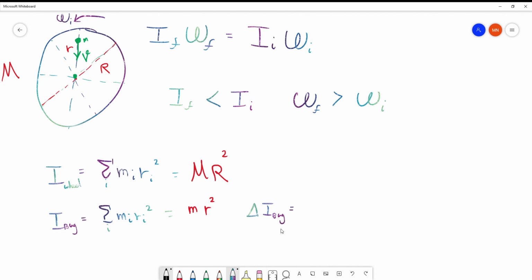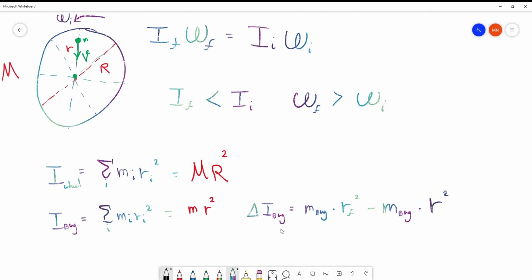In this case, the final moment of inertia is going to be the mass of the bug times the radius final squared, minus the mass of the bug times the little r squared, the initial case.